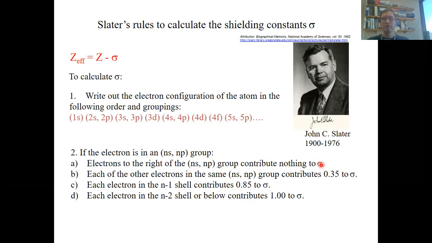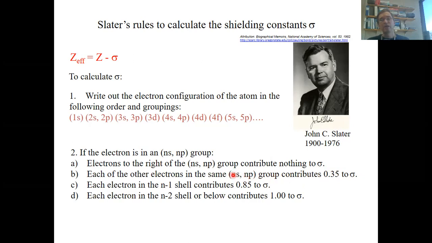This is a good estimate because electrons to the right of the group are further away from the electron that we look at. So these electrons will probably not shield at all, and therefore they will not contribute anything meaningfully to the shielding constant, in good approximation. Then any other electron which is in the same ns and p group contributes 0.35 to sigma.